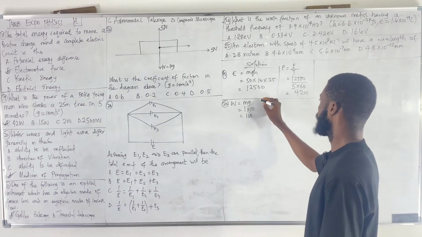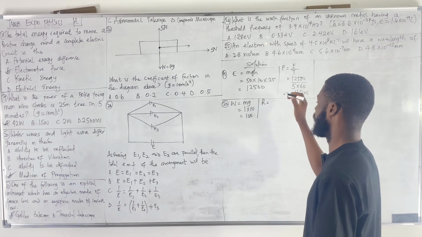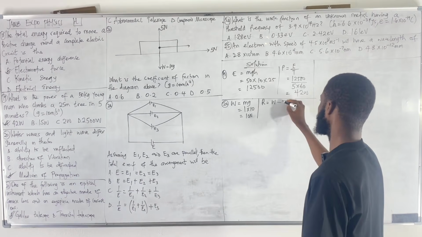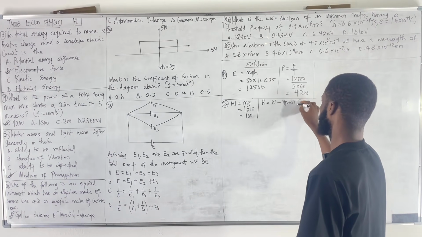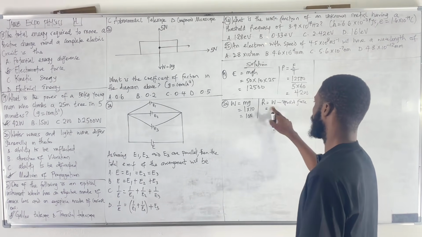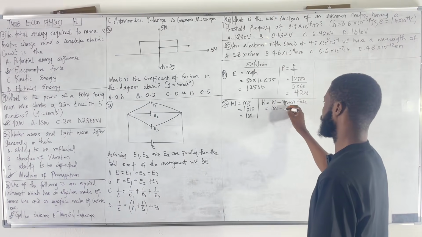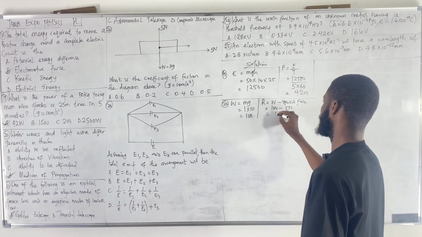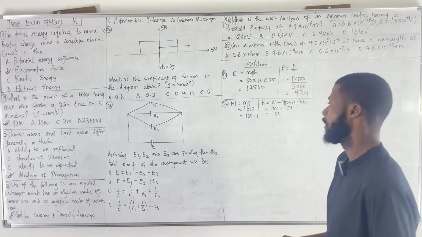Now, to get the normal reaction, R, it's always the weight minus the upward force. Our weight in this case is 10 Newton. The upward force is 5 Newton. So this will then give us 5 Newton. So that's our reaction.